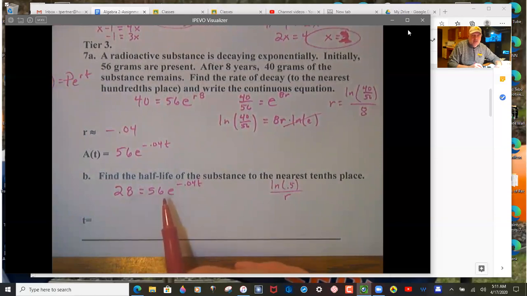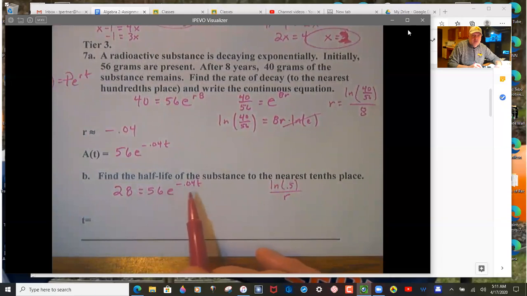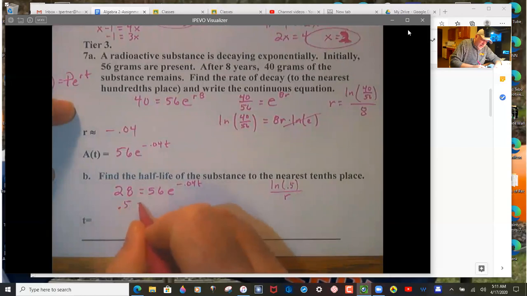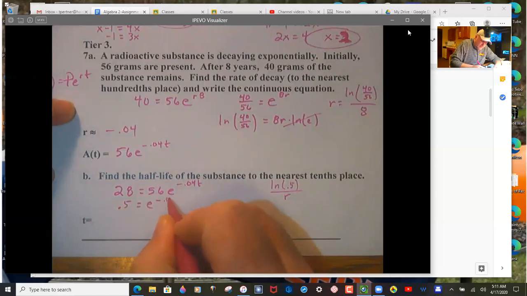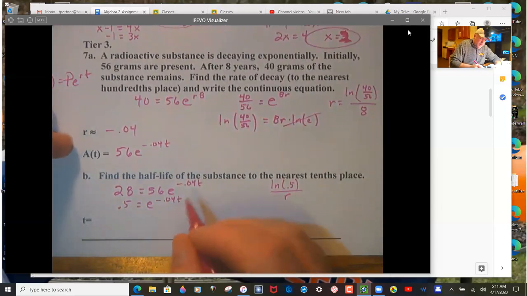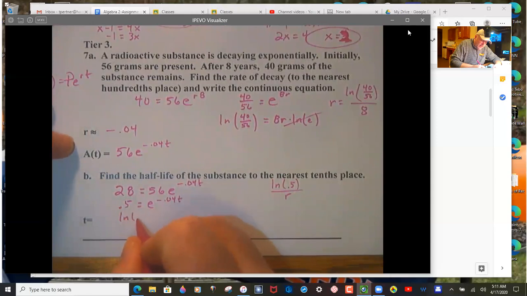And then you take ln of both sides, and you have negative 0.04 t equals ln of 0.5. Then divide by R to get t. So I will actually do all of that out. What I'm saying is use that formula. If you understand that, every time it's going to work out to be that.